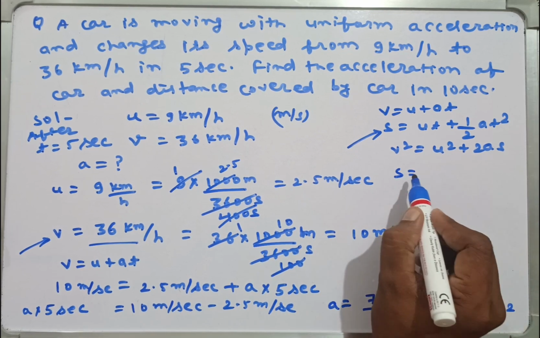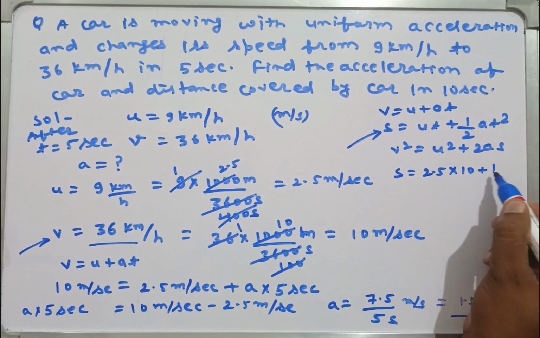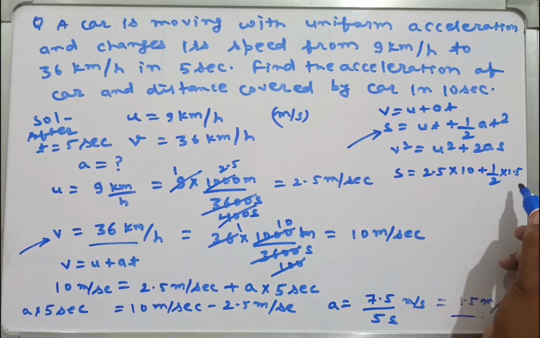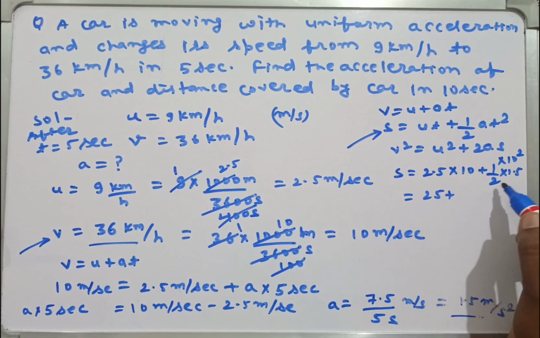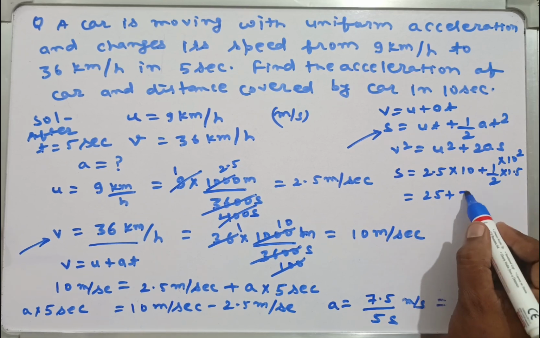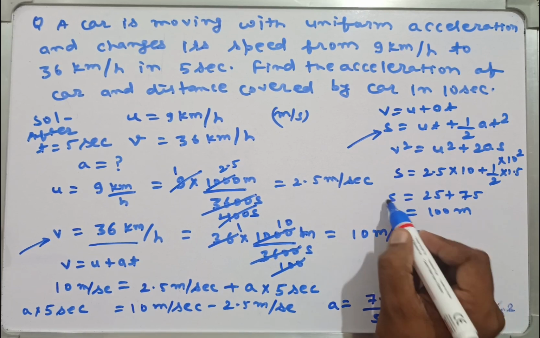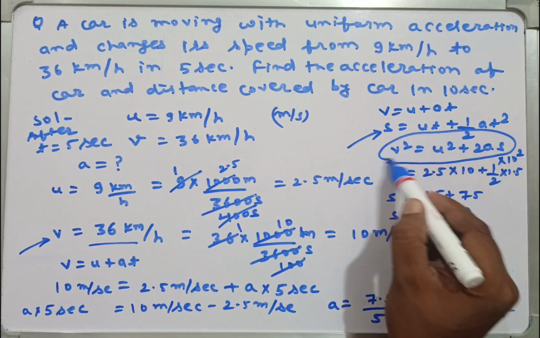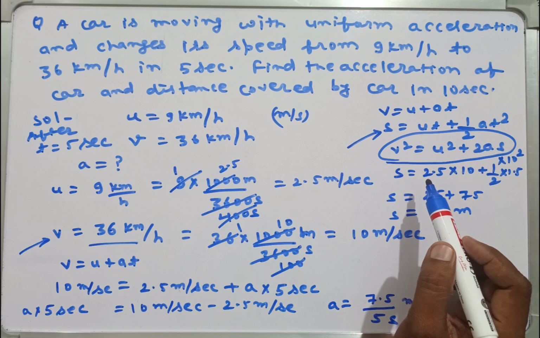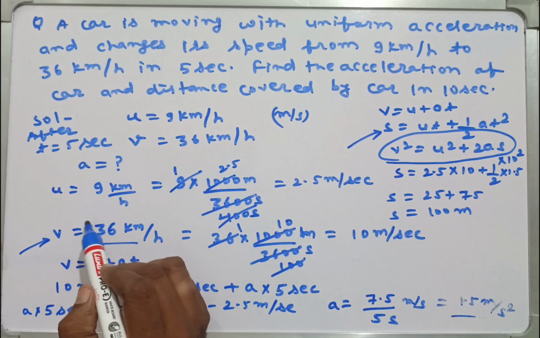Here first we write s equal to 2.5 into 10 plus 1 by 2 into 1.5 into 10 square. When you solve this, this is 25, and this becomes 75, then you will get 100 meter. If you use the other formula, then what mistake guys make, they will write this.